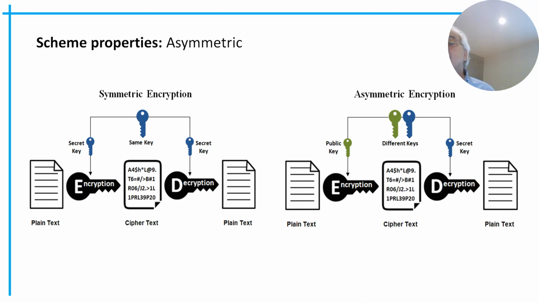Anyone can access the public key, which is used to send encrypted data. The private key is preserved as a secret, and only the owner can access it. Each message encapsulated using the public key can only be decrypted with the private key. Therefore, symmetric approaches are less secure compared with asymmetric ones due to the use of a single key.